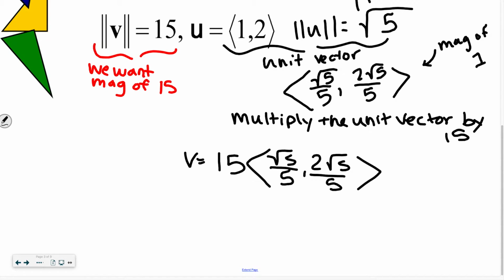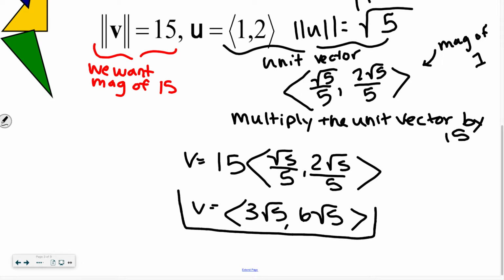When I distribute the 15, that's going to cancel out with the 5, so we get 3. So we'll have 3 square root 5 and 6 square root 5. And if I checked the magnitude, I should get 15. Questions?